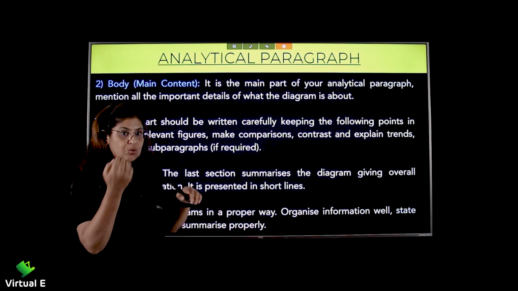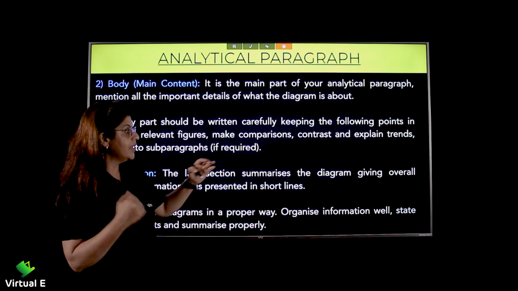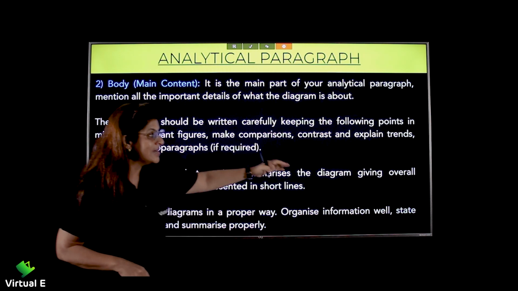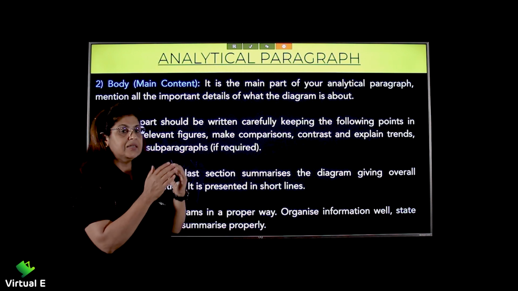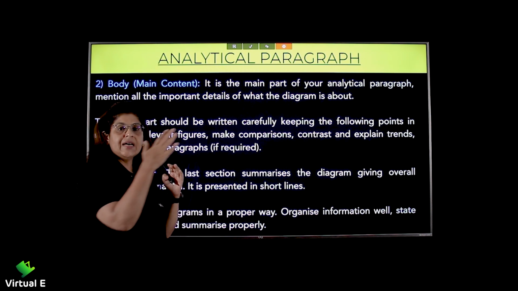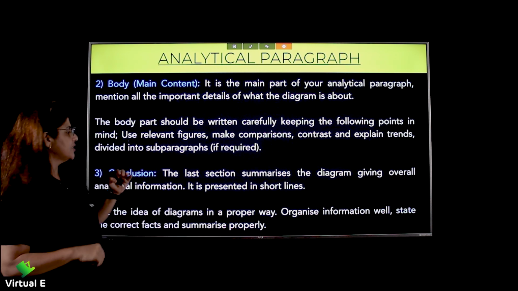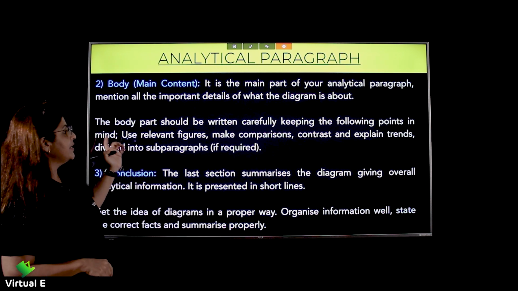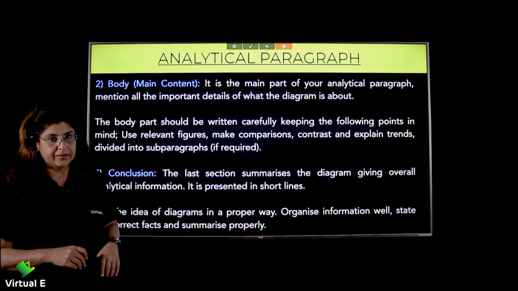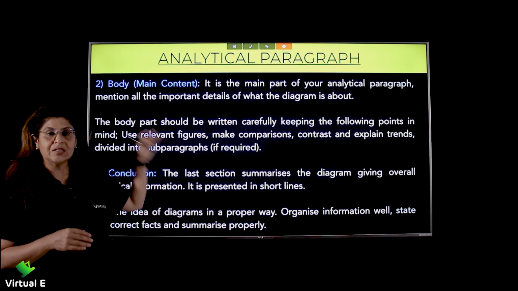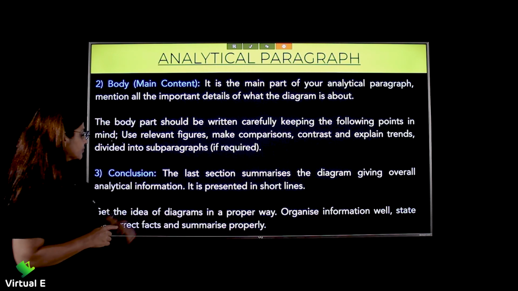If 2 maps or 2 things have been given, we have to make comparisons between the different years. Contrast and explain the trends. What are the different trends? Maybe in this year the pattern was this, and this year it is this. There are a lot of different changes and trends, divided into sub-paragraphs if required. All this will be cleared once we go through our illustrations. All these have been explained there.